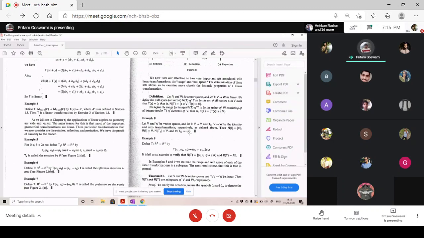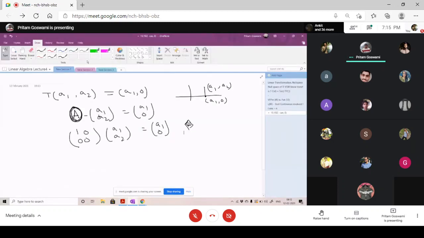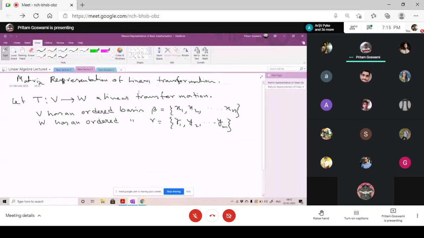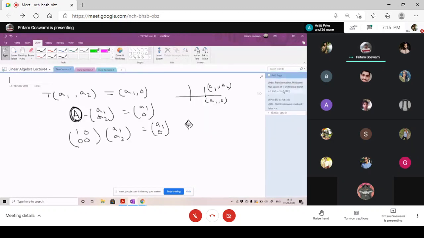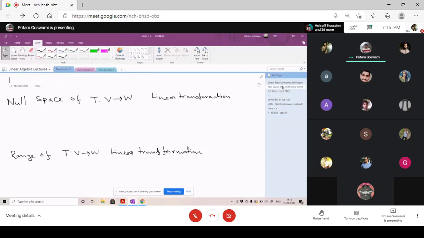Now let me define something before answering that question. Null space of a linear transformation. Null space is basically the set of elements belonging to V such that the image of these elements is 0.